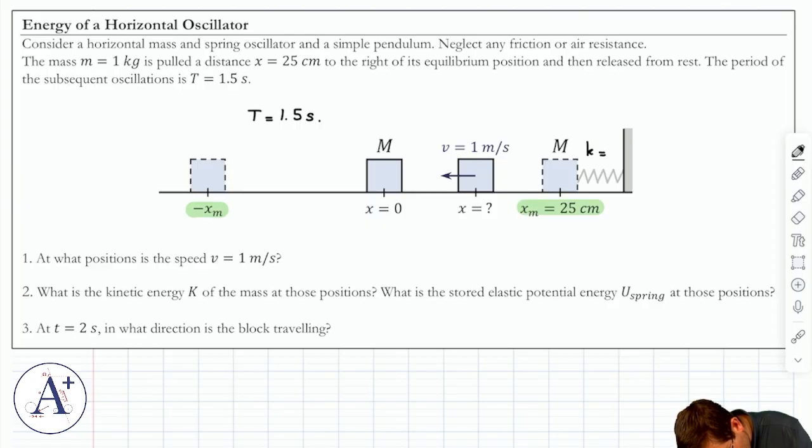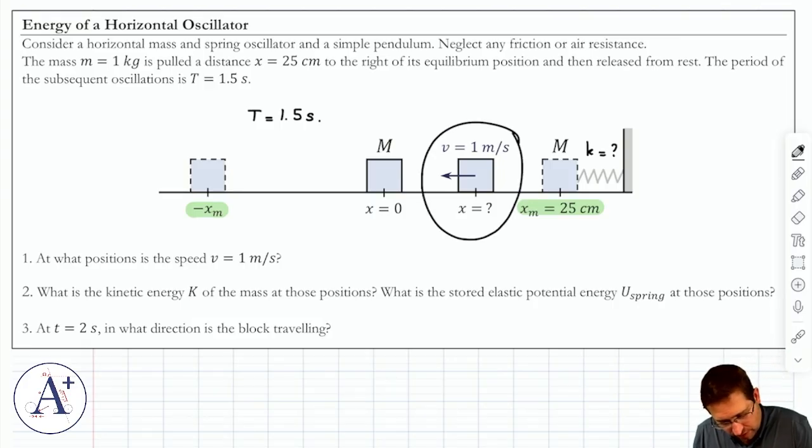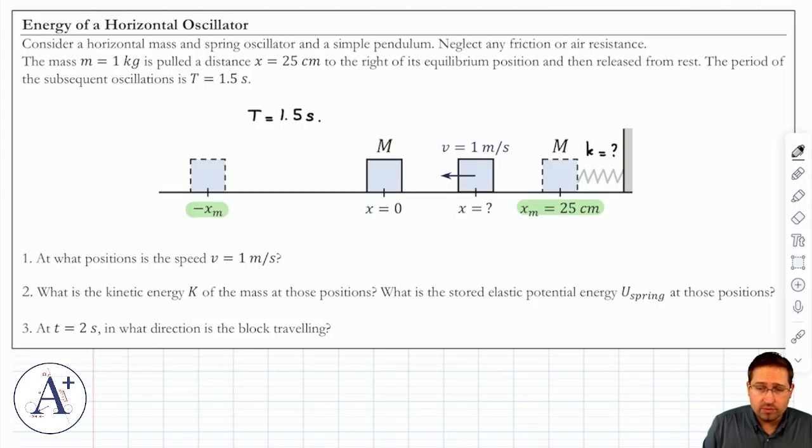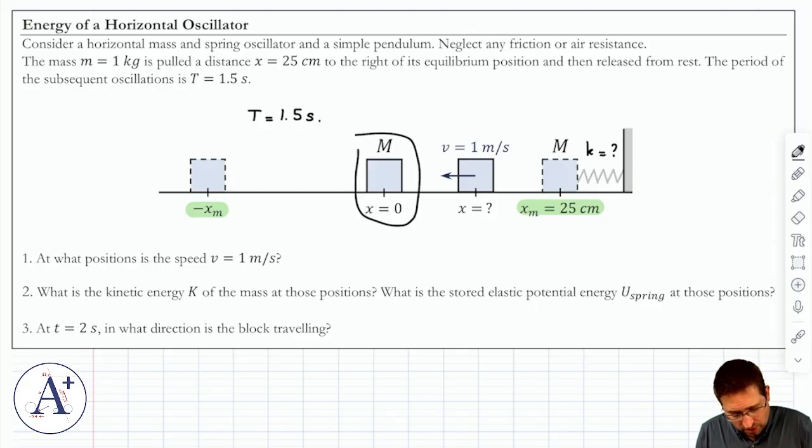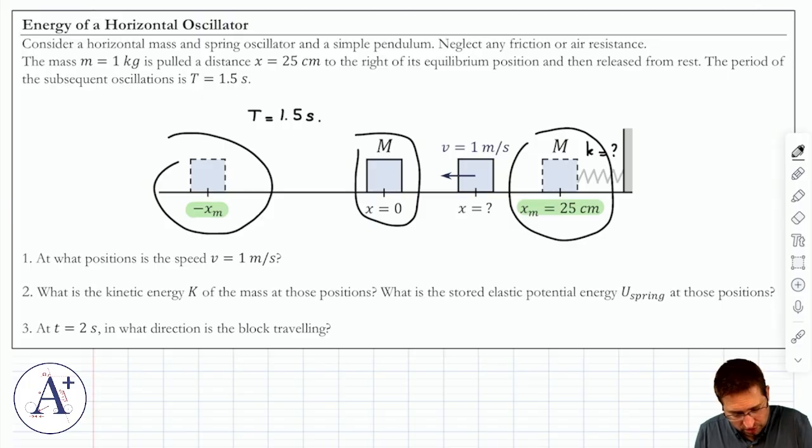Now we know, however, that k is going to be important because omega is square root of k over m for a mass spring oscillator, so omega is pretty important. It means it should be important to know k. But perhaps we can find k. Maybe we start with that. And then we can find the positions where the speed is 1 meter per second. And so that would be one of these positions, and we can relate that to, using conservation of energy, either this position here, or this position here.